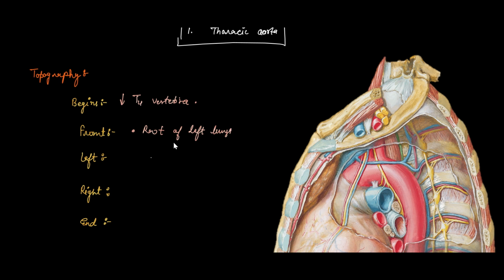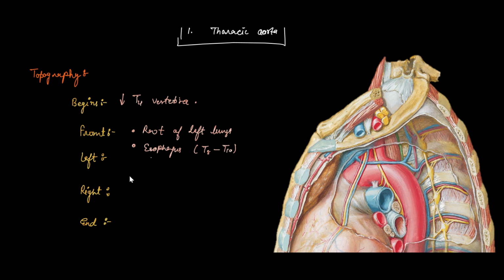And at the lower part of this thoracic aorta, the esophagus, which was lying just to the right side of this aorta, at the level of the 8th to 10th thoracic vertebra gets situated in front of this thoracic aorta. So the esophagus also lies in front of this thoracic aorta at the level of thoracic vertebra 8 to thoracic vertebra 10. At this level, the esophagus lies in front of the aorta.